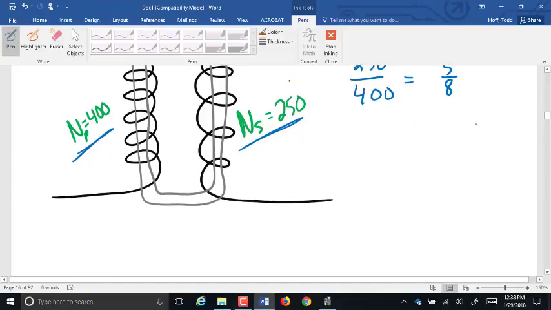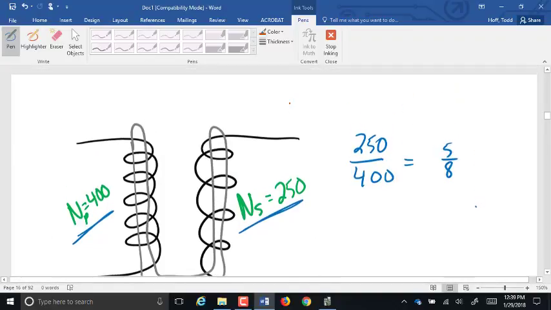So what that means is that the ratio of voltages is the same as the ratio of the turns in the coil. So this was the secondary, this is the primary. If on my primary side, I am coming in with 400 volts, what is my voltage on the secondary side?